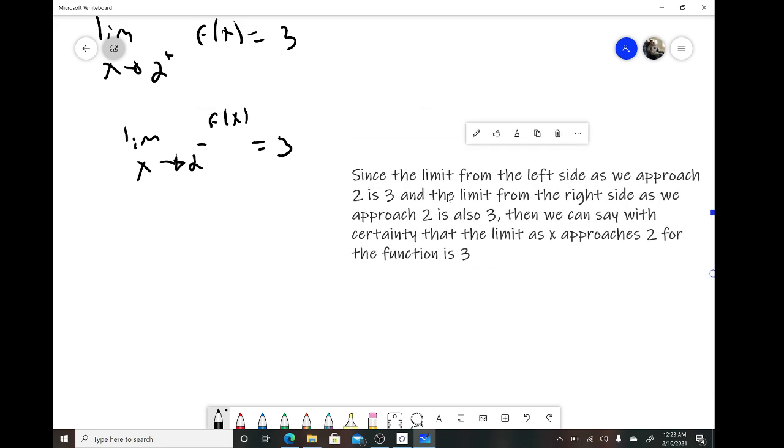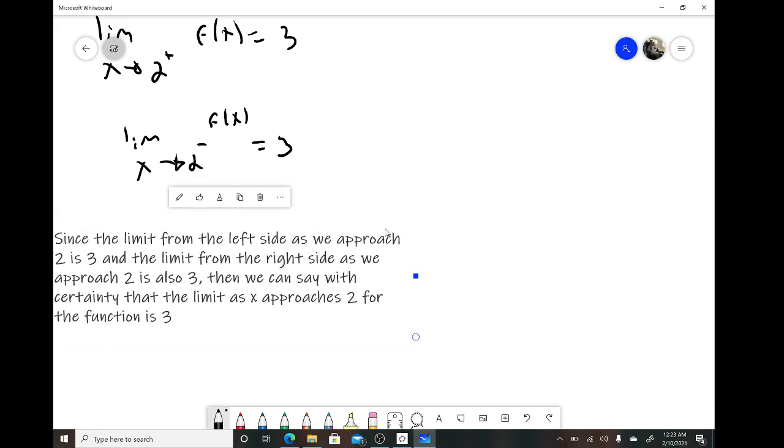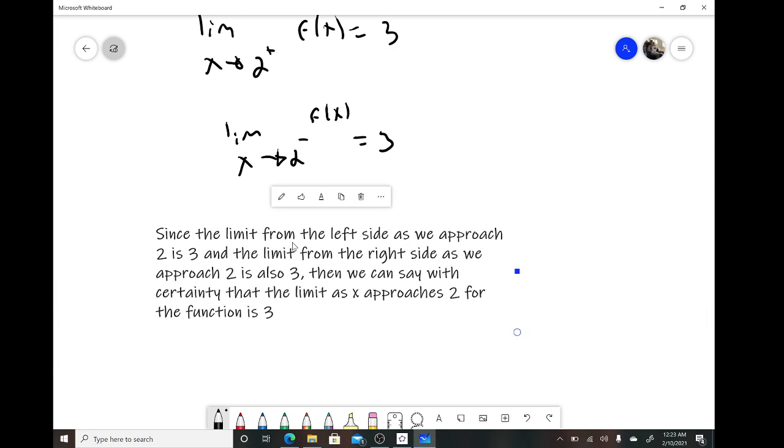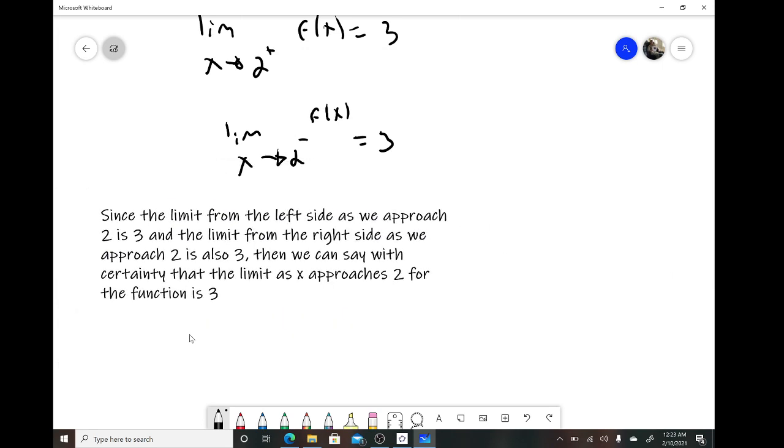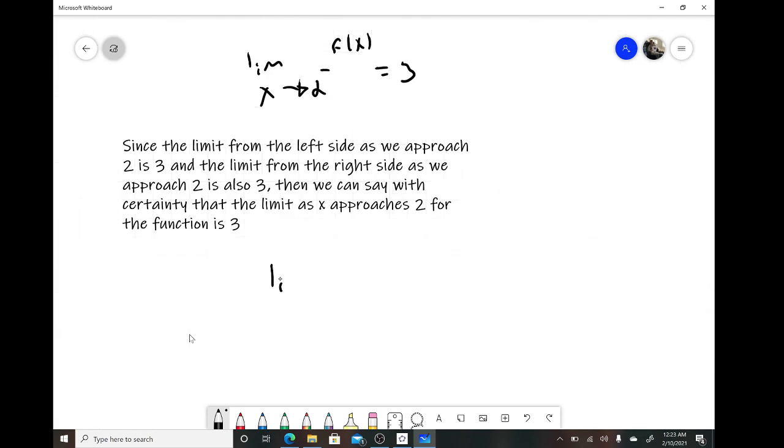So because the limit from the left side and the right side are equal, we can say that the limit overall, the two-sided limit, is 3. So you could simply say the limit as x goes to 2 of f of x is 3. This is certainly a nicer argument to make.